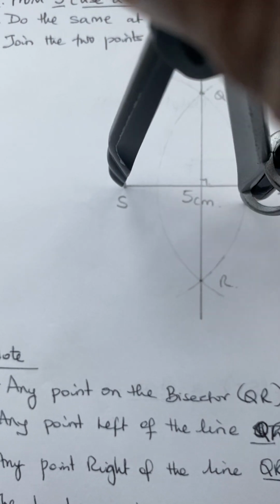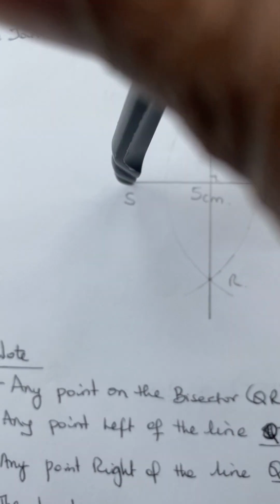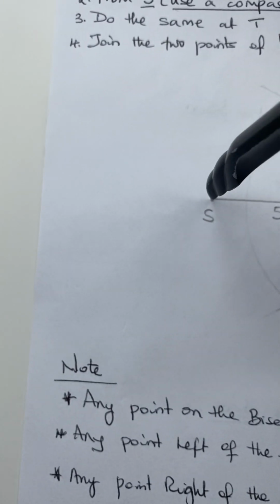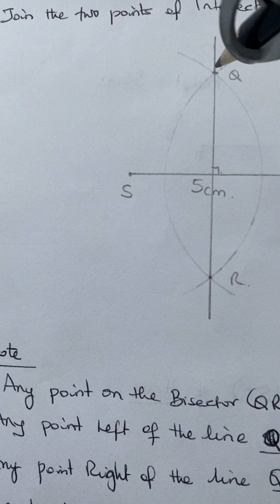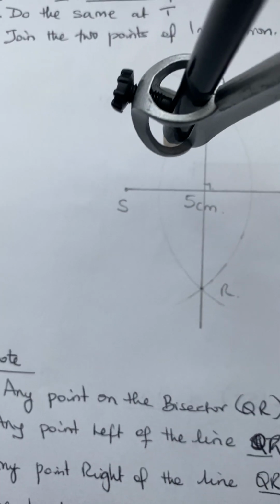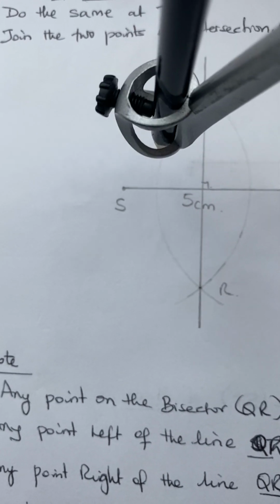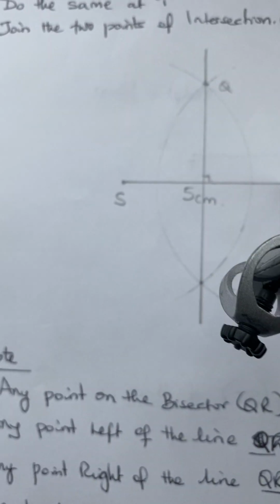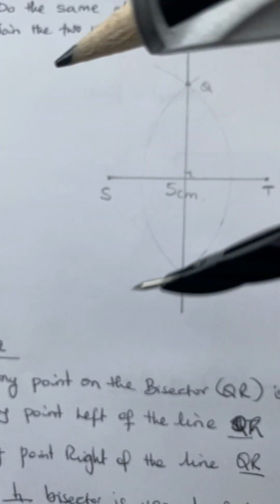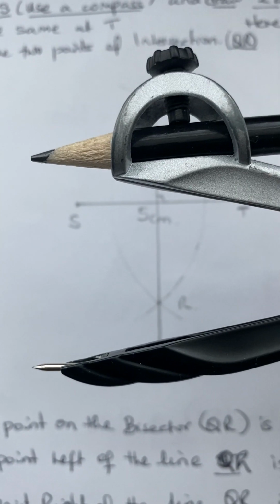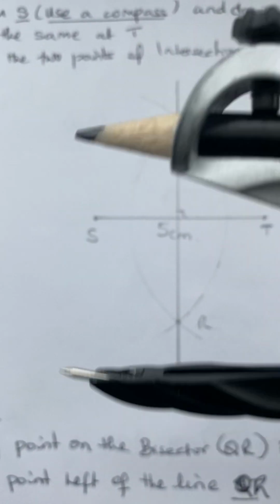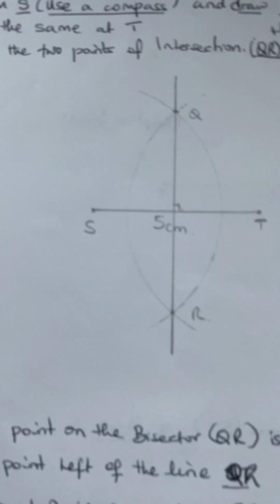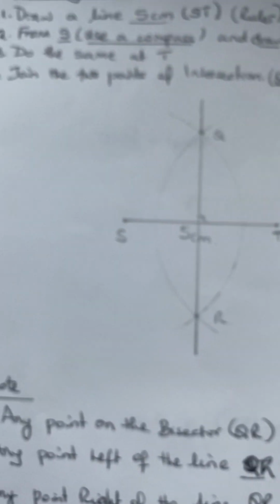So after drawing the line, you draw an arc here and an arc here, and then you go also to T with the same radius, with the same compass. You draw an arc here, you draw an arc here. You don't change the length of the arc using the compass. You use the same length. If you measure this on the ruler, it's 4 centimeters that I opened it up to.